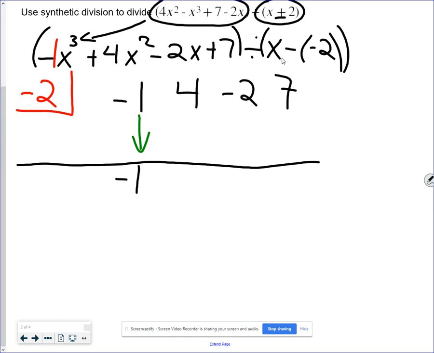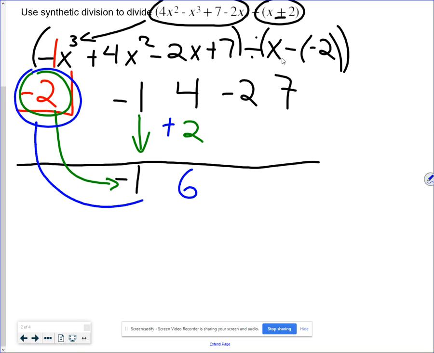And now we'll take negative 2 and multiply it by negative 1. So negative 2 times negative 1 we know is 2. So we'll add these two terms together. So 4 plus 2 we know is 6. We'll take negative 2 times 6. Negative 2 times 6 is negative 12. We'll add these two terms together.